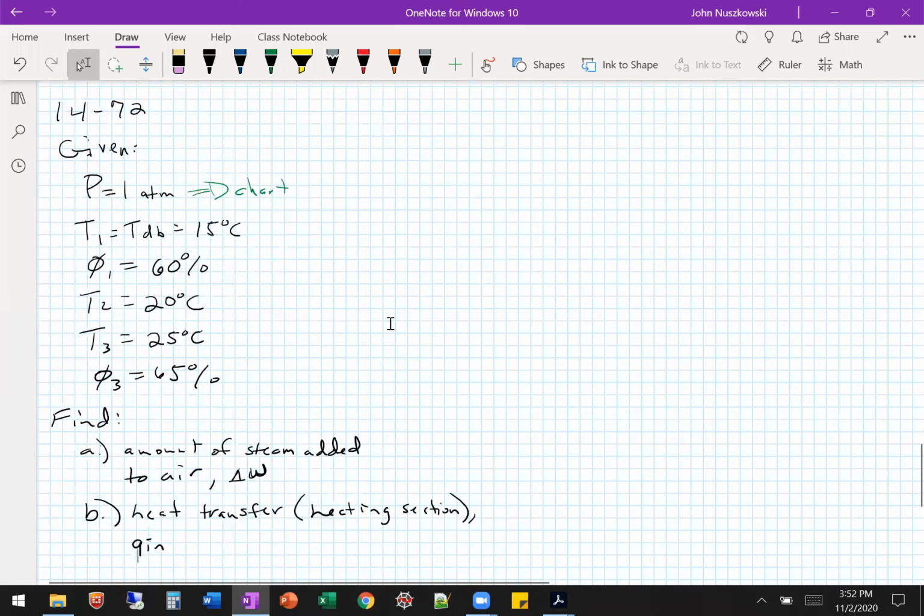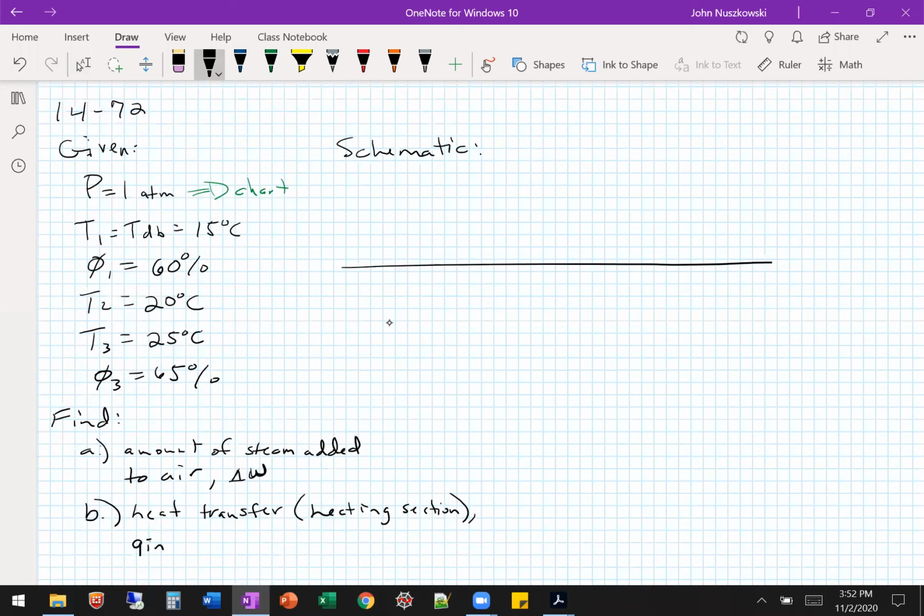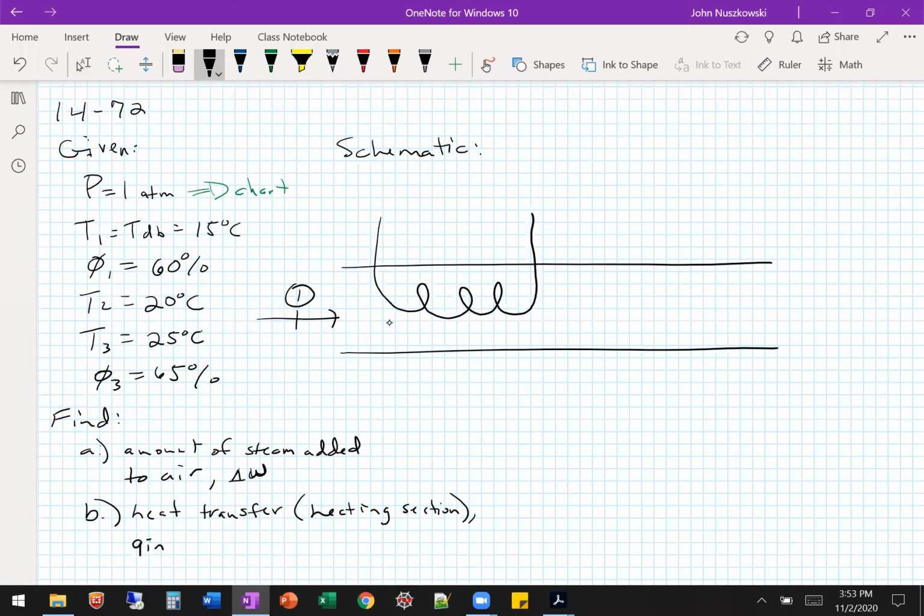All right, schematic. We have a section here, and we have one entering. Now we have the heating section. So this coil is now basically adding heat. And then we exit that. That's our state 2.